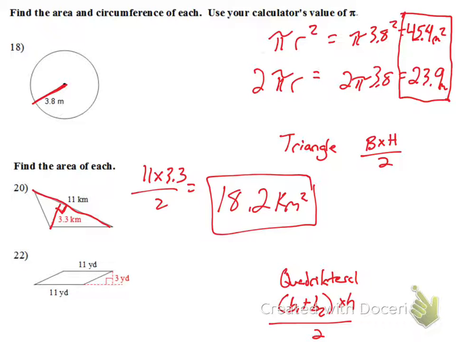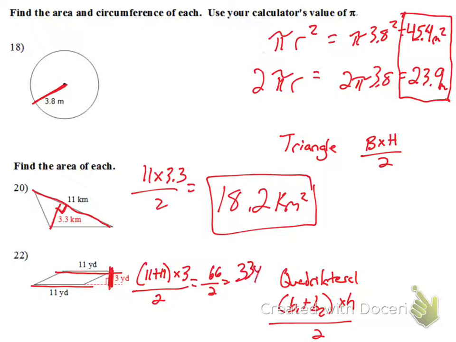As you can see, there are 2 bases here, and our height is going to be 3. So I would just do 11 plus 11 times 3 over 2. That would give me 22 times 3, which is 66, over 2, which is then equal to 33 yards squared.